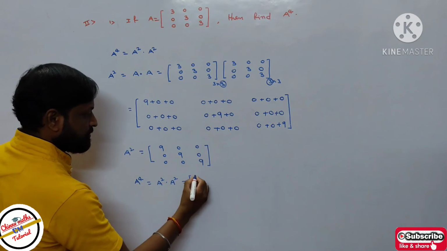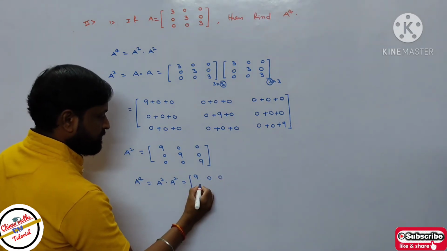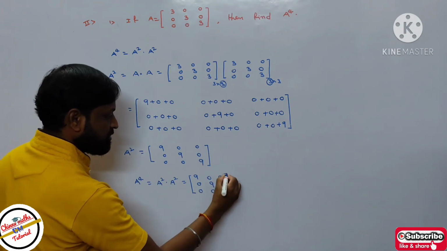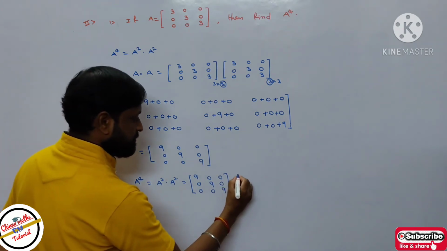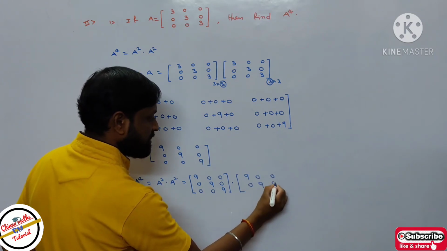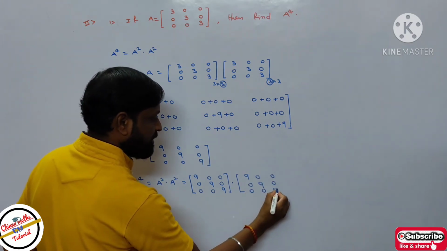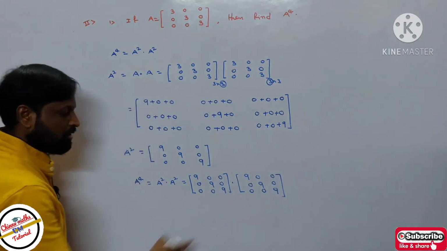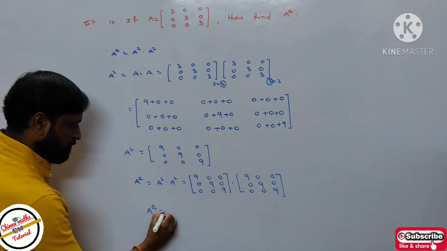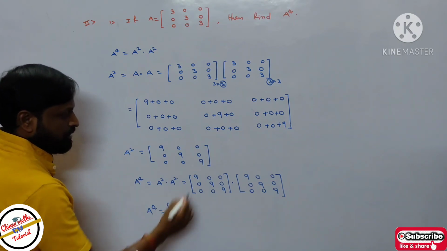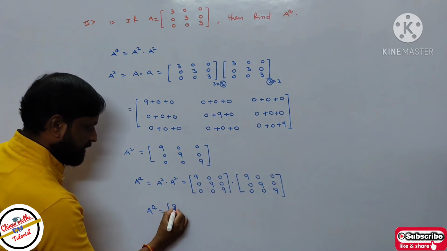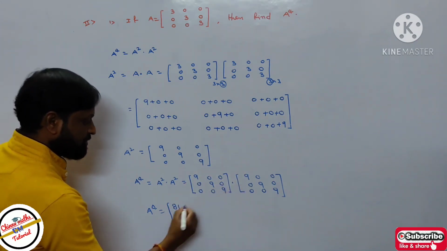It is equal to [9 0 0; 0 9 0; 0 0 9], the matrix of A square, into again [9 0 0; 0 9 0; 0 0 9]. Then you can write the product of A square into A square, that is equal to A power of 4. R1 C1, 9 into 9, 81, remaining values are 0.